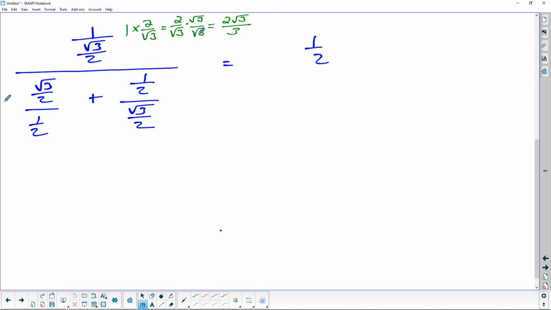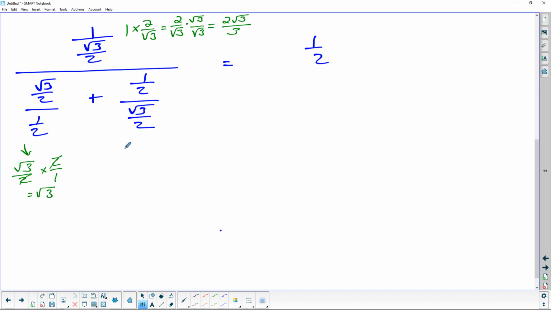Now we're going to reduce this one underneath here. I'm going to take root 3 over 2 and multiply it by the reciprocal of 1/2. Reciprocal of 1/2 is 2 over 1. So the 2's cancel out, and we're left with root 3. We're going to do the same thing for the other one.